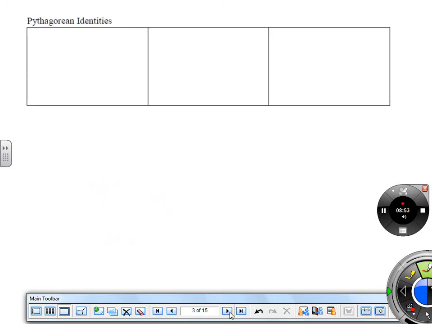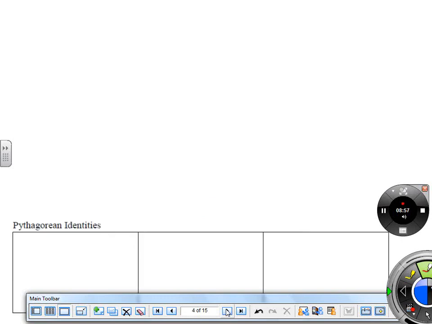All right, so what we're going to do is we're going to list the Pythagorean identities. So you see a box on your paper that looks like this. So the first thing I want you to do is in this first box, we're going to put the identity that we just came up with. So like sine squared theta plus cosine squared theta equals 1. Now, we're actually going to write this a couple different ways. And then once you see it, you'll get used to it more often.